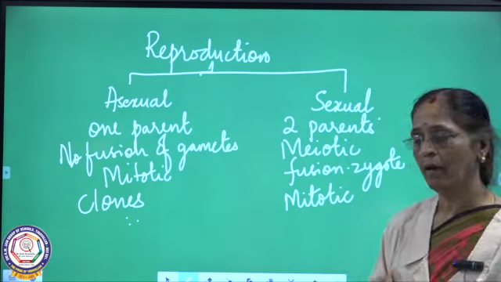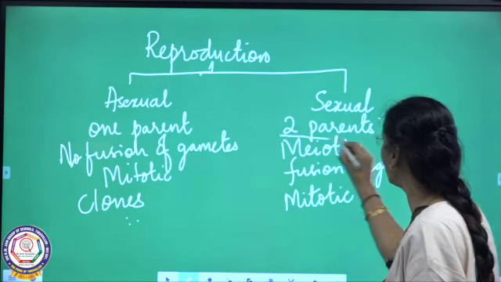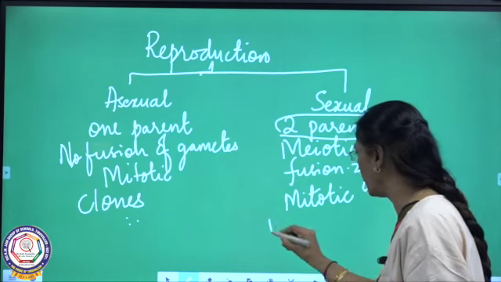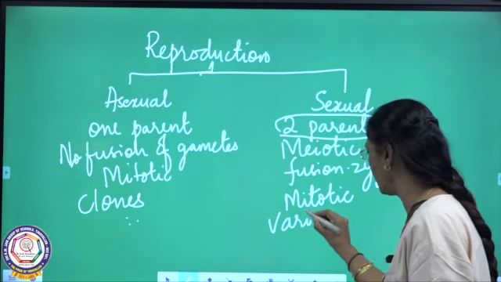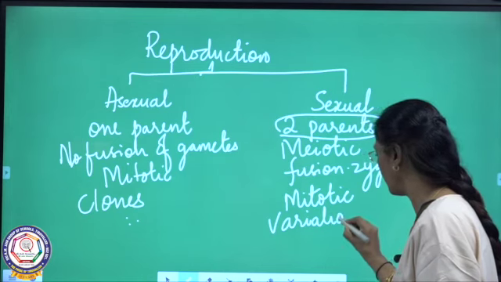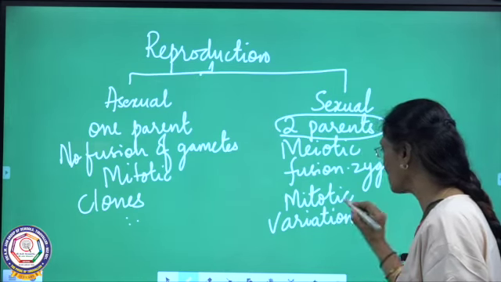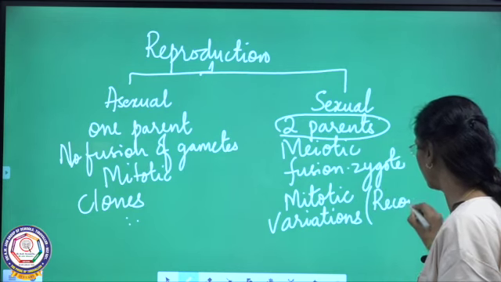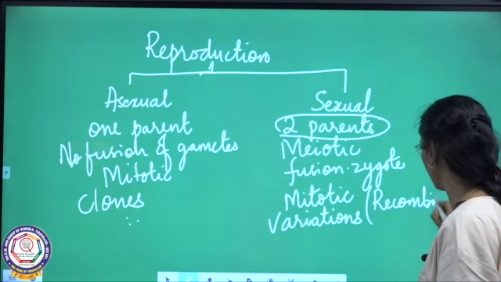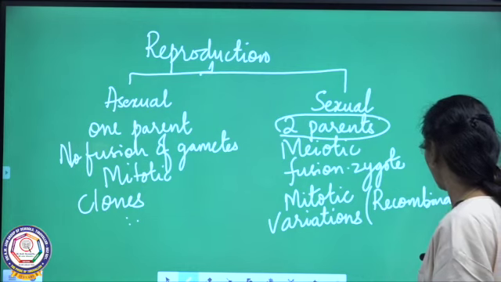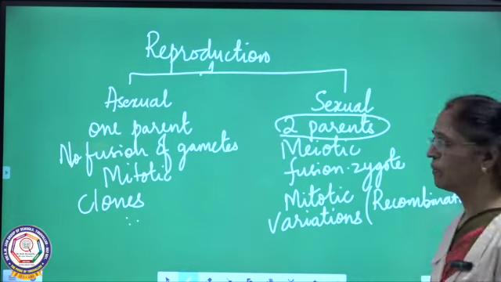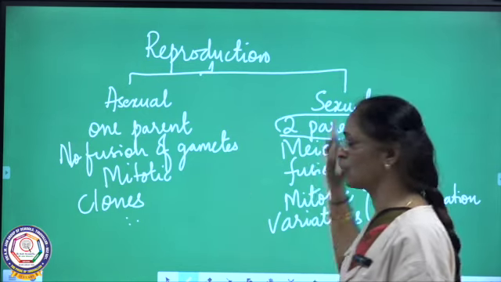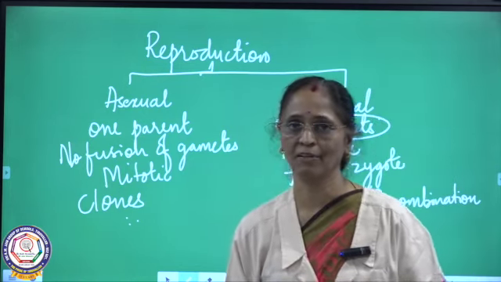Here, because two parents are involved, we will find variations, and that is what we call recombination. So, we say that asexual and sexual are the two modes of reproduction.